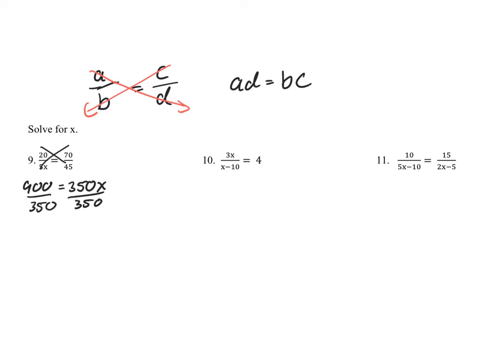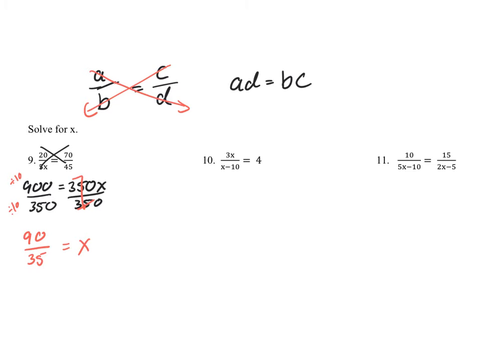But we're going to simplify this by hand here just for this first time. When we're simplifying a fraction, we simply want to find a common factor and divide it out to reduce. Right now I can say they're both divisible by 10. So 900 divided by 10, we're going to get 90. 350 divided by 10, we're going to get 35. And over here, this canceled out to 1.